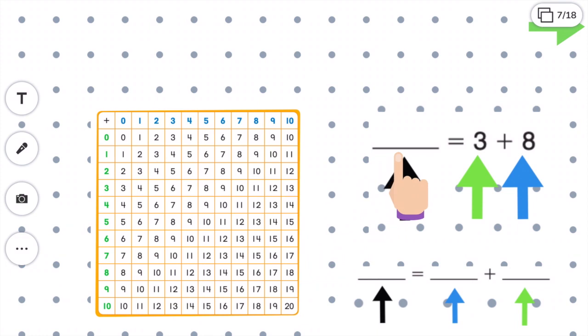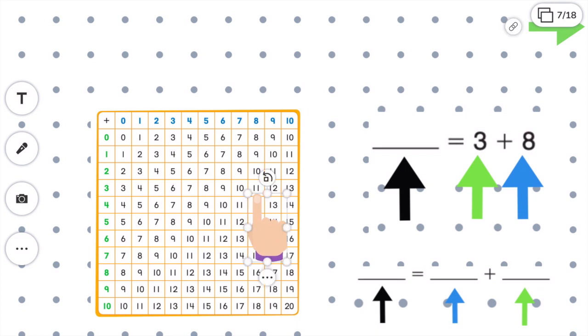Let's do another. This one has a whole number blank is the same as 3 plus 8. So let's start with the first number of our two parts, 3. So let's go down to 3, and we're adding 8. Plus 7, plus 8.